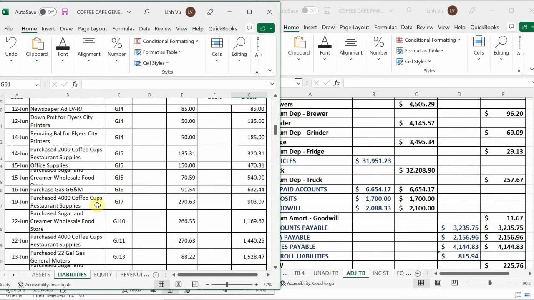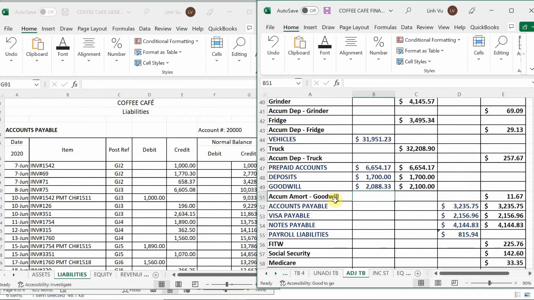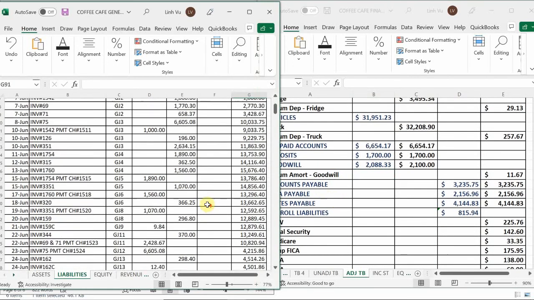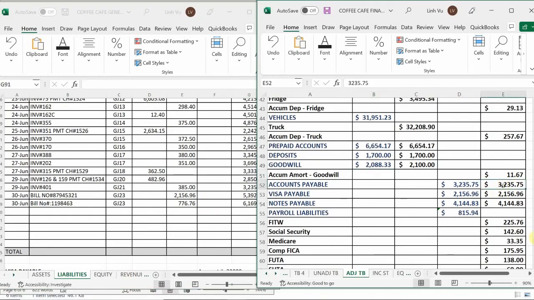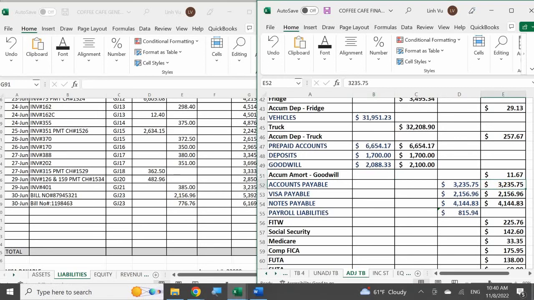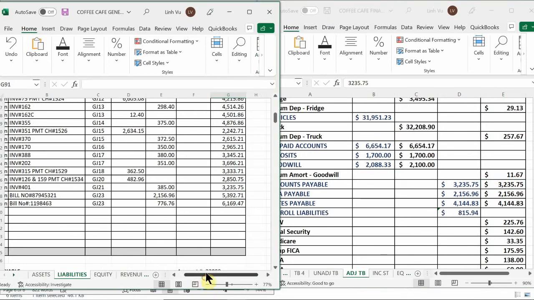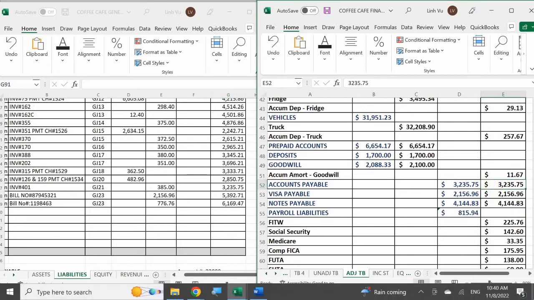So now my liabilities. I did make some changes. I made some adjustments to my accounts payable account. My accounts payable is $6,169.47.